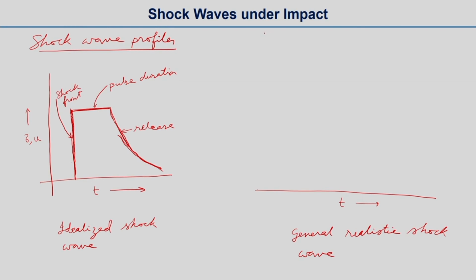This is the VISAR technique. We can discuss that in later chapters. VISAR is nothing but a velocity interferometer system for any reflector. That is a technique to know the velocity profile.